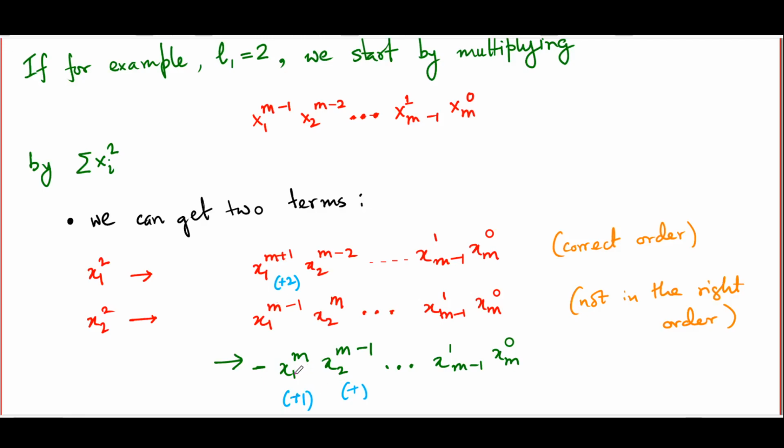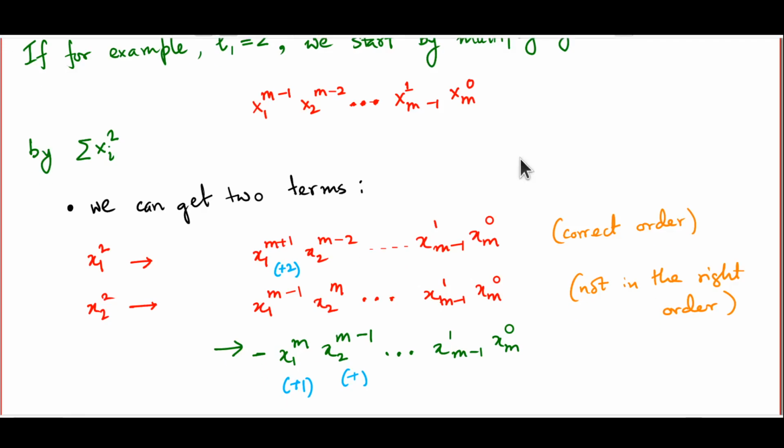Here you have both the first and the second increase in power by 1 each, along with an accompanying change in sign. x3 square, x4 square, etc. will not give you any new terms, because for example, if you were to multiply this by x3 square, x3, which had a power of m minus 3 before, will now end up with a power of m minus 1, which means the power of x3 and x1 will match, and therefore on antisymmetrization that particular term will vanish.